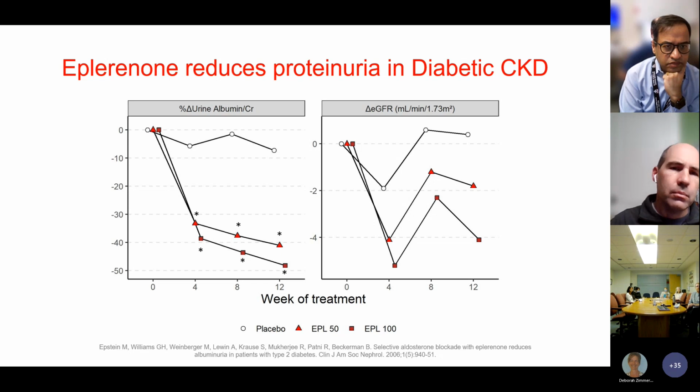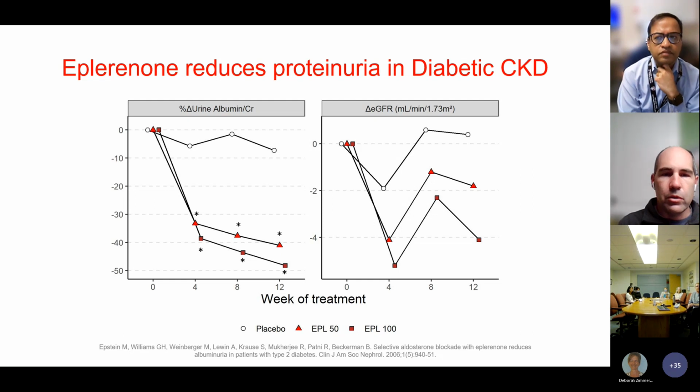So the next, maybe better controlled, groups of studies were done with eplerenone, which at the time was still being actively developed for heart failure, and that's really the heart failure in post-acute MI. There were groups, Gordon Williams and Murray Epstein, part of this, that were looking at eplerenone in diabetic kidney disease.